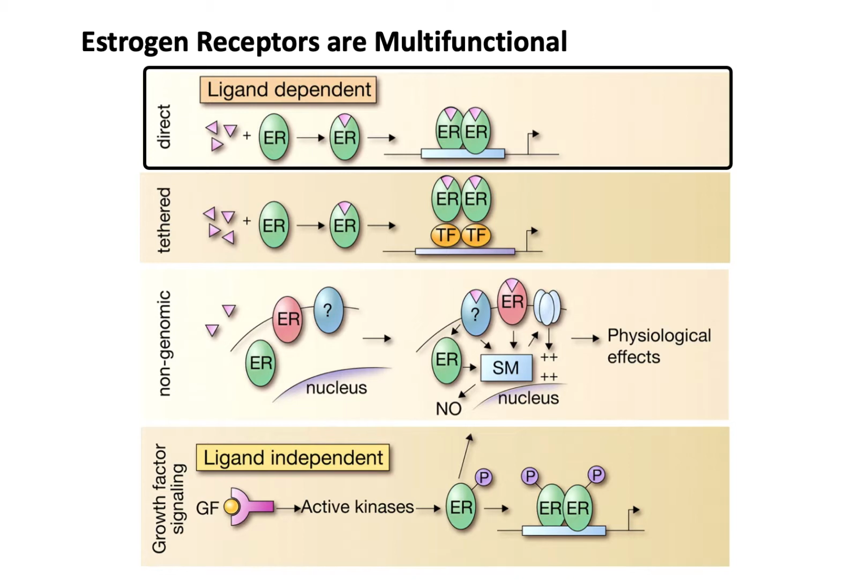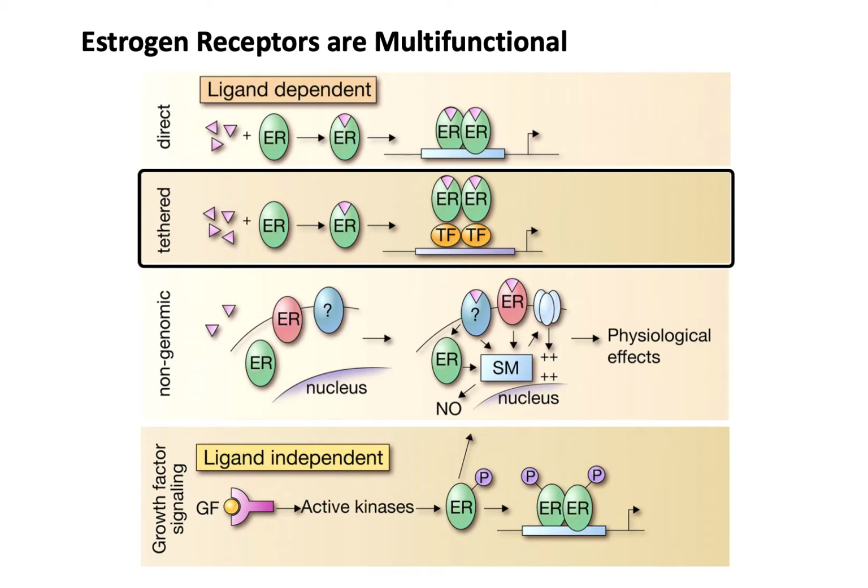So there's the estrogen receptor. You attach estrogen. It attaches to the promoter region and stimulates transcription of the genes. Also, there can be tethered effects, so you can have other transcription factors that attach to the estrogen receptors that then stimulate transcription of that gene.